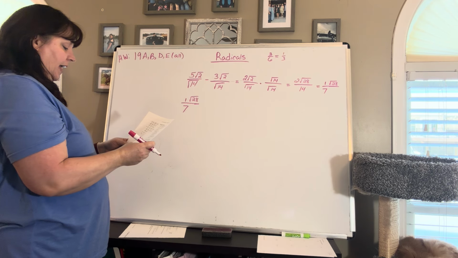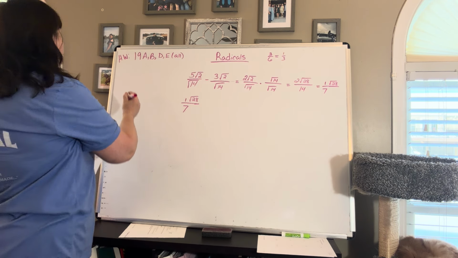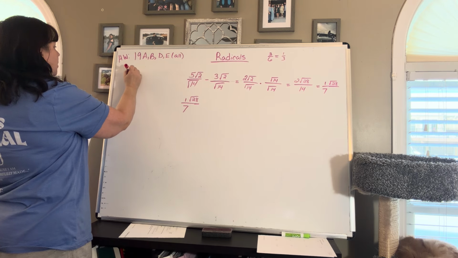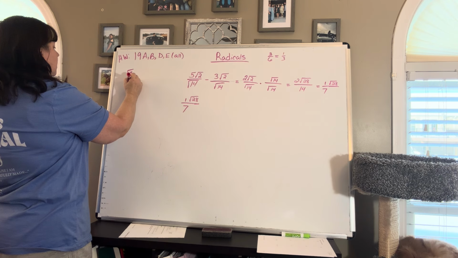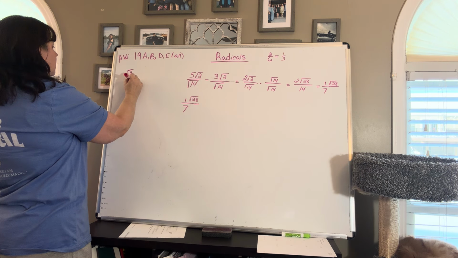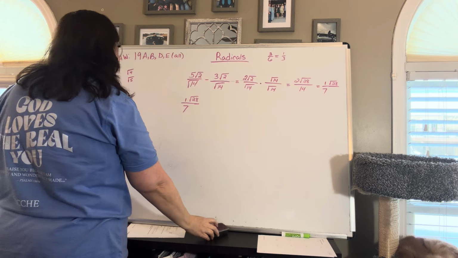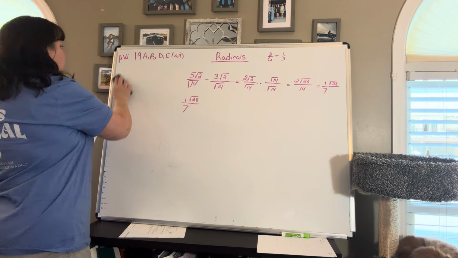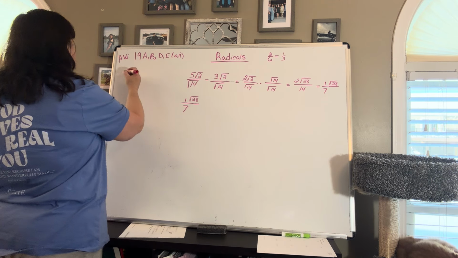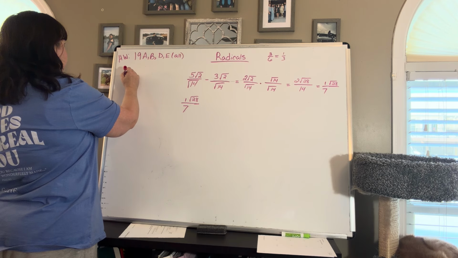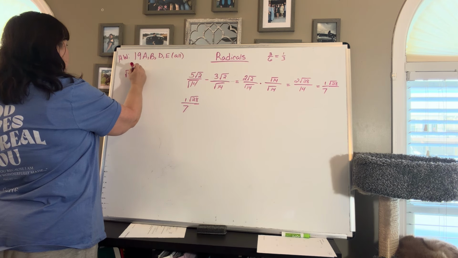And so I have to start thinking, okay, what are my perfect squares? The square root of 4 is 2.